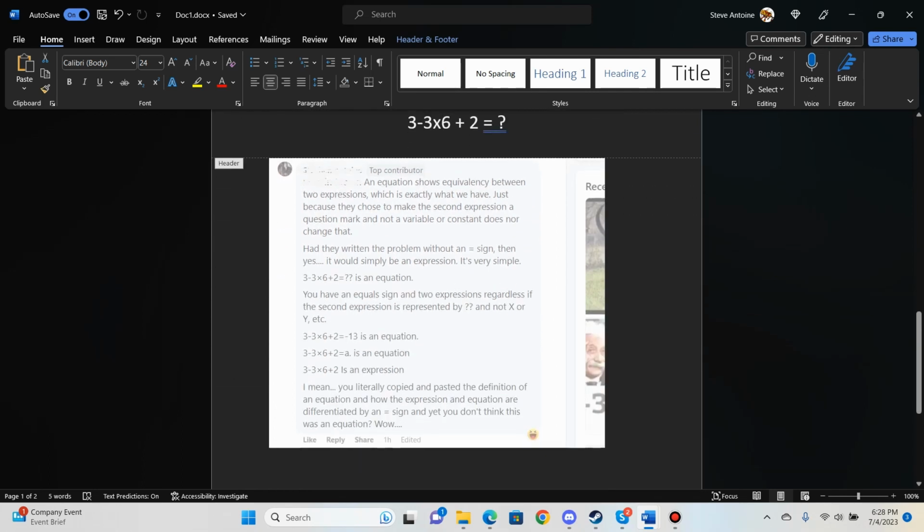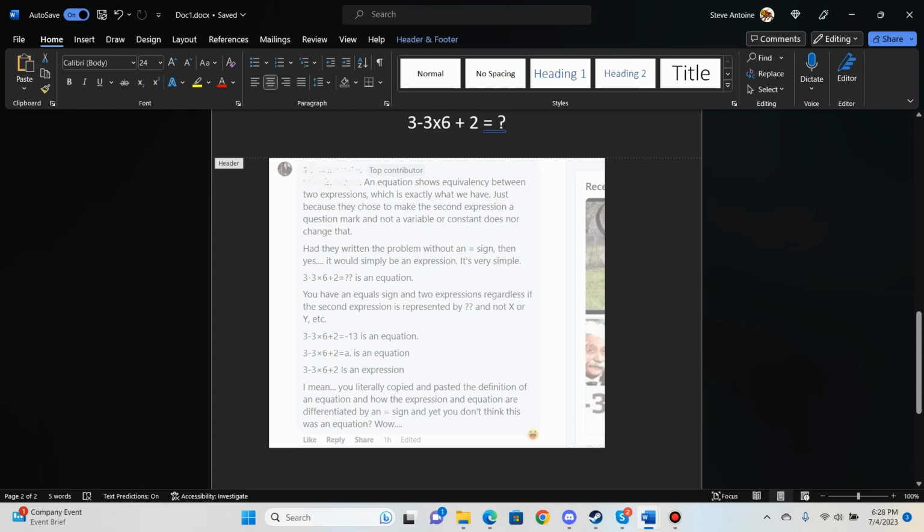And I tried to respond back and just say, look, an equation shows equivalency between two expressions, which is exactly what we have. Just because they chose to make the second expression a question mark and not a variable or a constant does not change that. Had they written the problem without an equal sign, then yes, it would simply be an expression. It's very simple. 3 minus 3 times 6 plus 2 equals question mark is an equation.